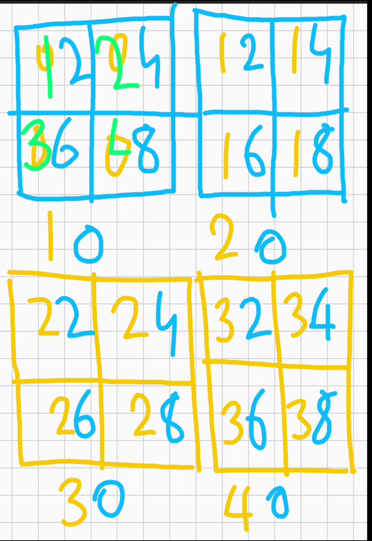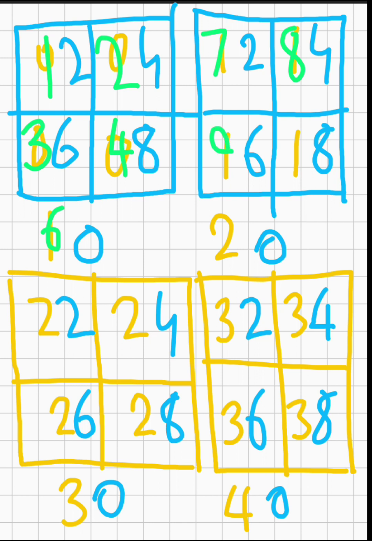The next yellow number was 1, so 5 plus 1 is 6, 6 plus 1 is 7, and 7 plus 1 is 8.